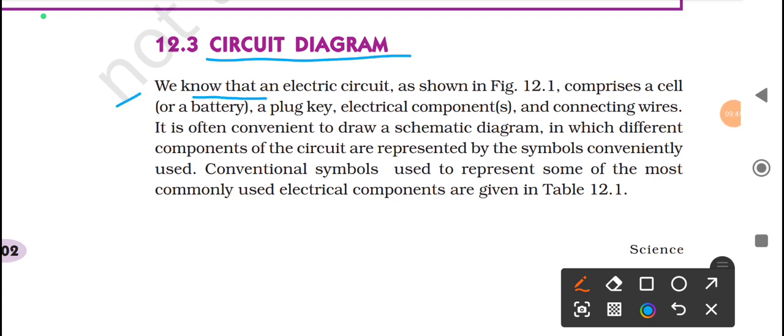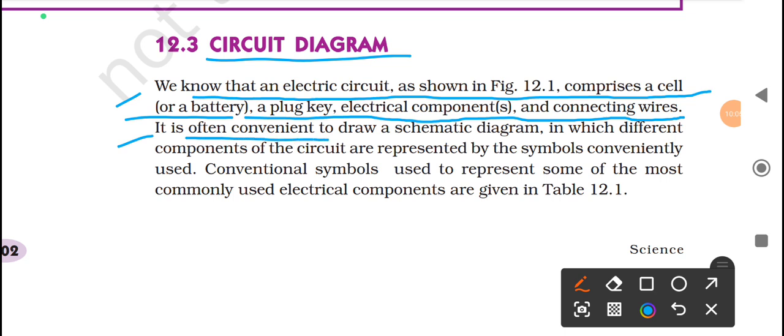Next topic, circuit diagram. We know that an electric circuit, as shown in figure 12.1, comprises a cell or a battery, a plug key, electrical components, and connecting wires.